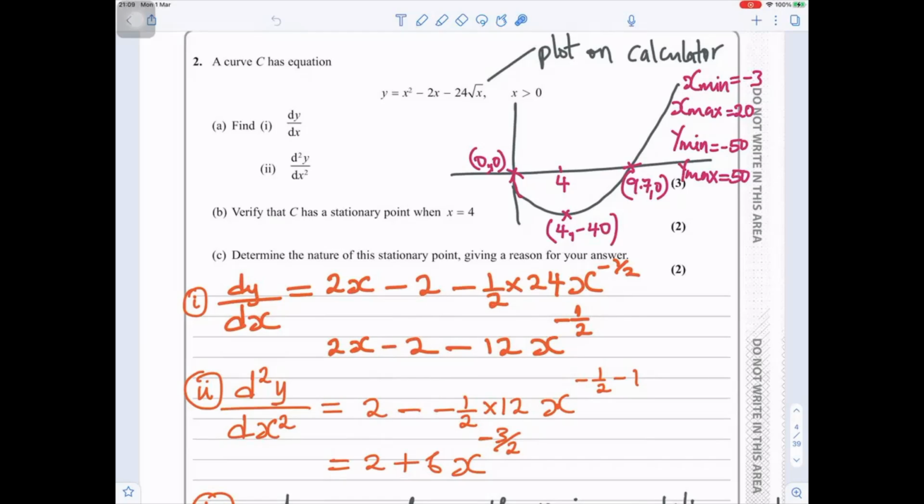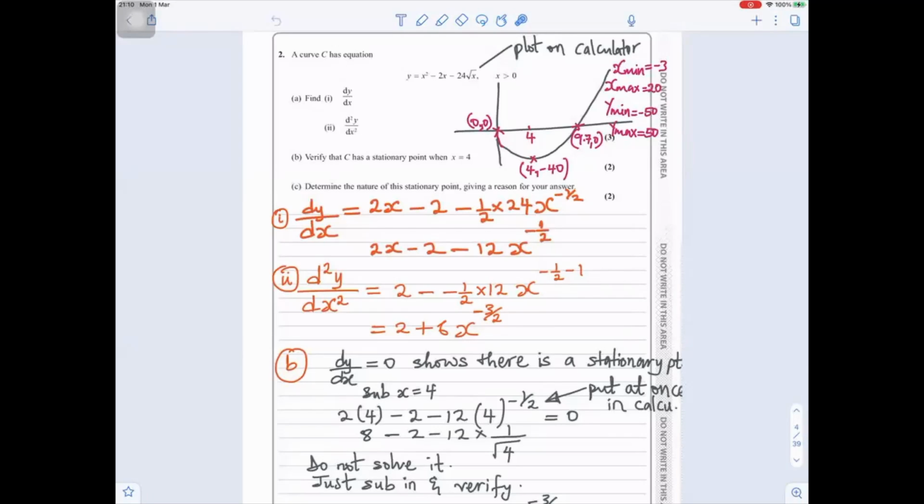And differentiating 12x to the minus a half, the minus a half will come in front, then you subtract 1 from the power. The minus and the minus would make a plus. Minus a half minus 1 is minus 3 over 2. So your answer is 2 plus 6x to the minus 3 over 2.